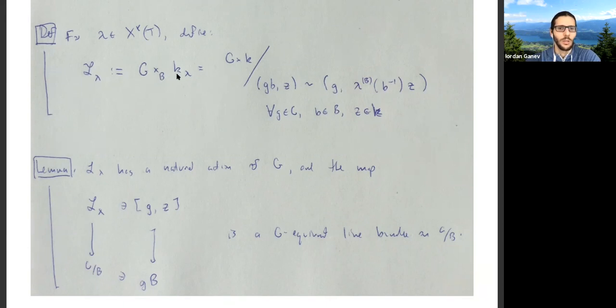Now, if we do this identification, we can't project onto G anymore because we have this B action. What we can do is project onto G mod B, and then the fibers will be one-dimensional vector spaces. It's pretty easy to check that the fiber over any coset is a one-dimensional vector space. And this map is equivariant for the G actions. So this is a G-equivariant line bundle on the flag variety.